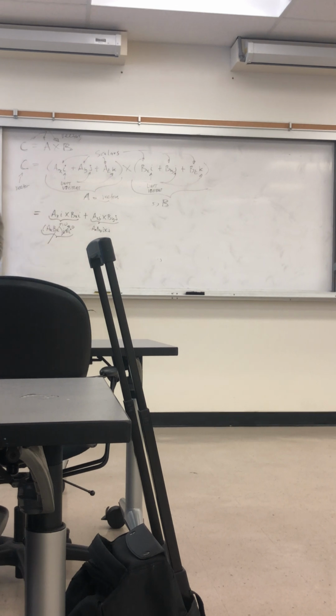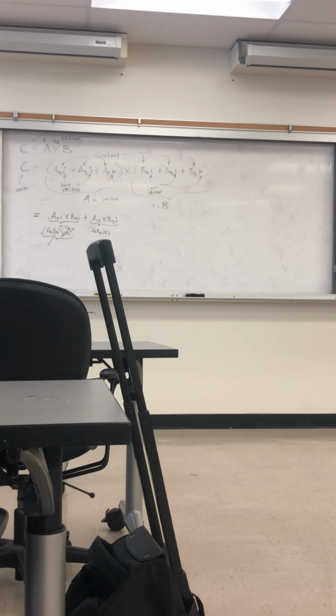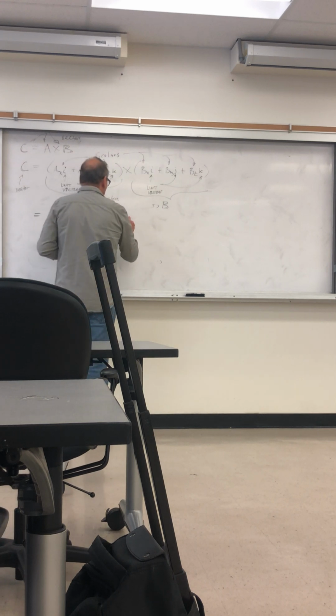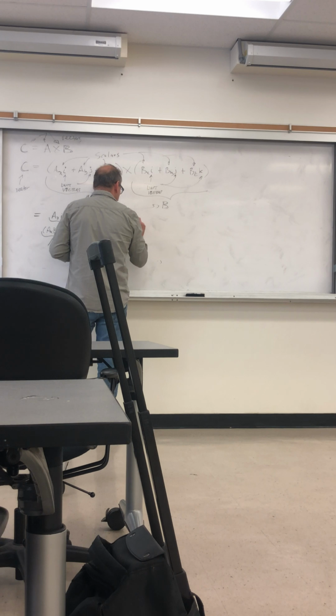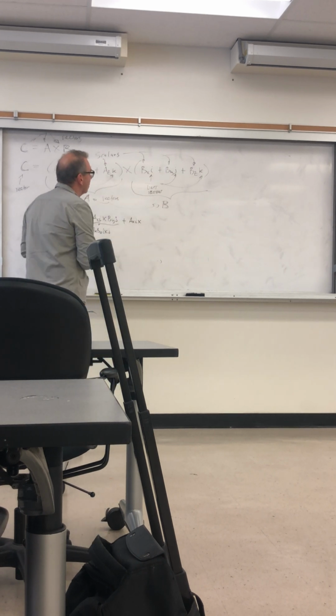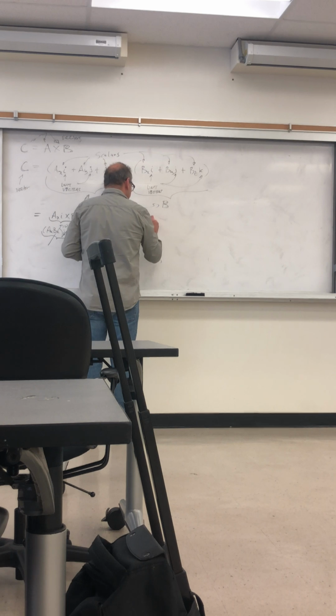And so all of these crosses will be these values here, pluses or minuses. And then plus, the next one, a sub x I cross product with b sub z, k.